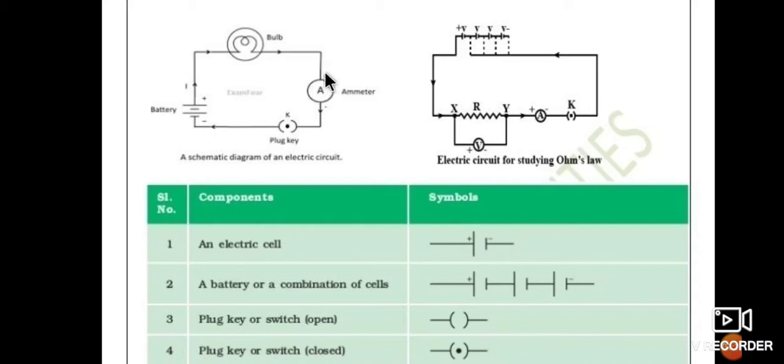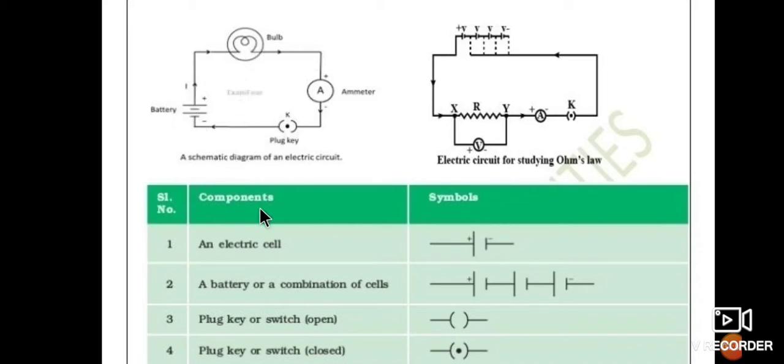Now, the positive wire is connected to the ammeter positive terminal, and from the ammeter negative terminal to this key, the plug key, here is a symbol of a plug key, that wire is connected to one end of the plug key, and another end of the plug key is connected to the negative terminal of the battery. So this is a circuit diagram, and here symbols are used.